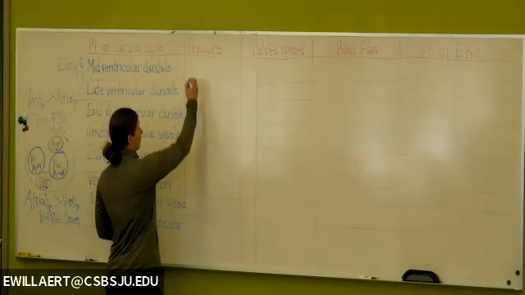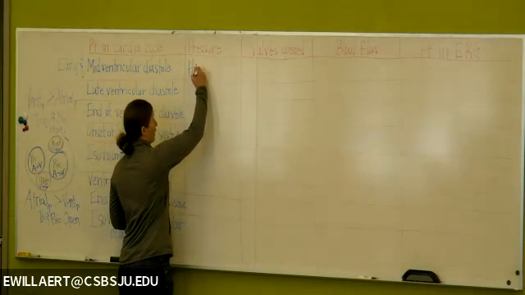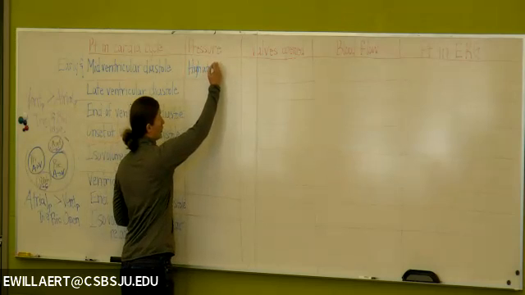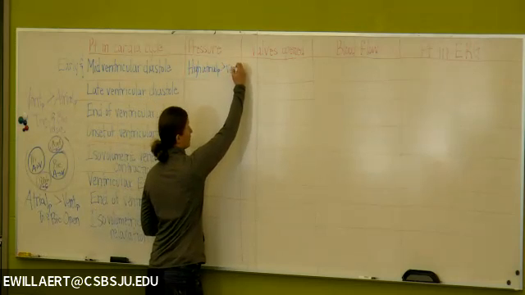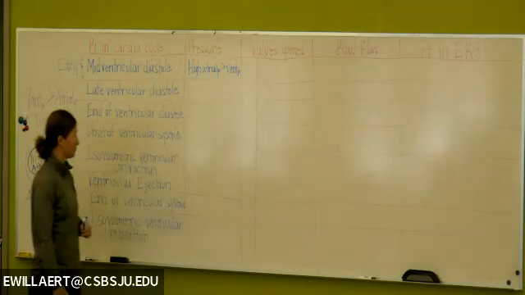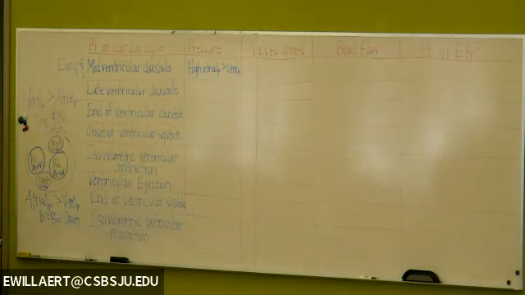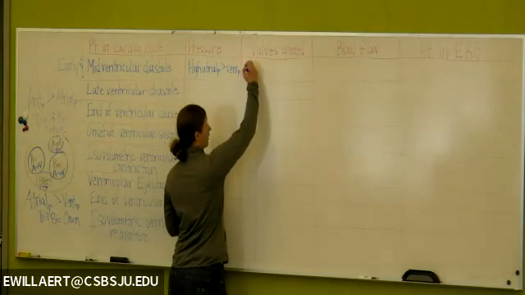So here we're going to have high atrial pressure, or atrial pressure is greater than ventricular. Now, if atrial pressure is greater than ventricular pressure, which two valves did you say are going to be open? Tricuspid, bicuspid. Okay.